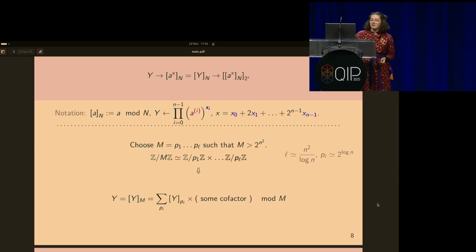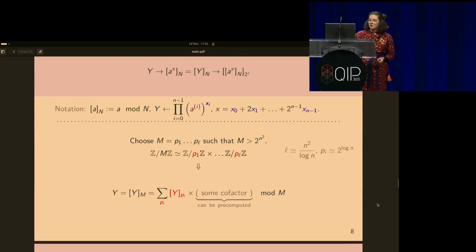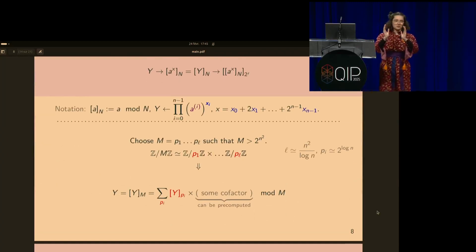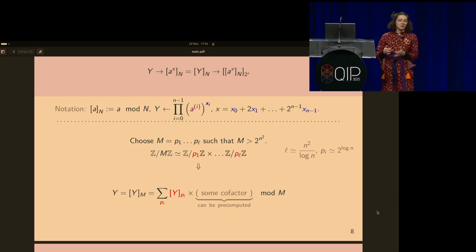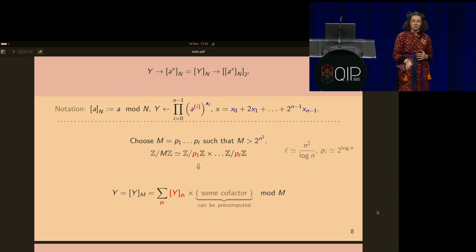And this is especially practical for us for the two following reasons. First, the factors in front of the y modulo p_i appearing in this sum are very well known, and we can pre-compute all of them, so we don't have to compute or deal with them on a quantum computer.